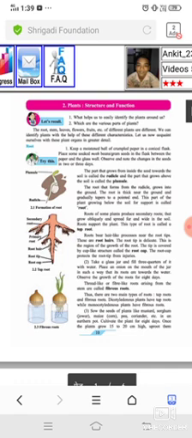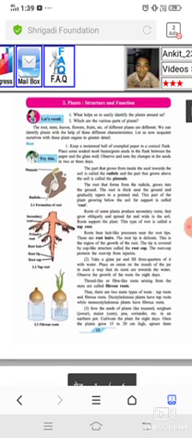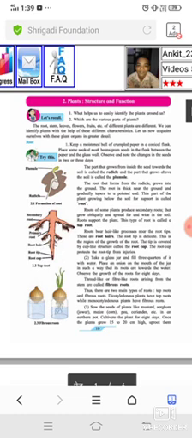Roots bear hair-like processes near the root tips. These are root hairs. The root tip is delicate. This is the region of growth of the root.